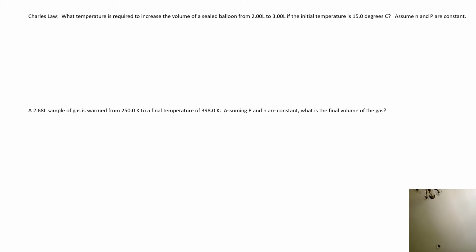So now we're going to look at Charles' law individually, and this is the relationship between volume and temperature, and V1 over T1 equals V2 over T2. And here, P and N are constant.